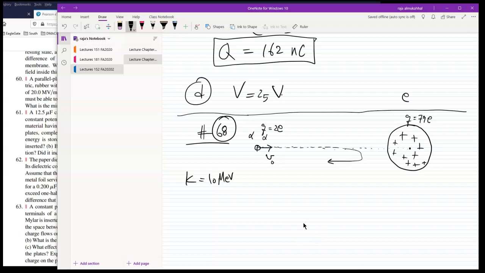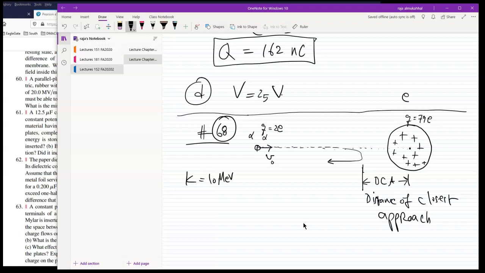So it reaches a certain distance from the nucleus center to here, and that's called in physics jargon the DCA, distance of closest approach.